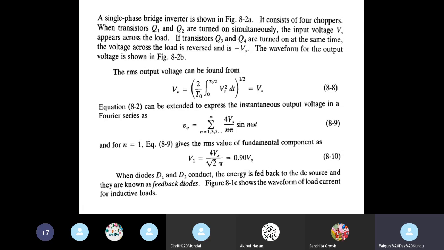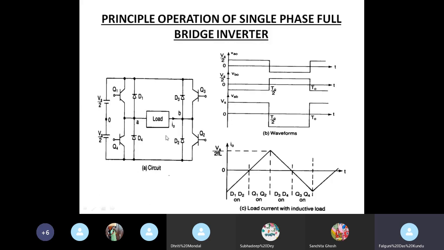Now, when the diodes D1 and D2 conduct, the energy is fed back to the DC source, and that's why they are known as feedback diodes. So D1, D2, D3, D4 are called feedback diodes, as through these diodes the energy is fed back to the DC source or the DC supply.